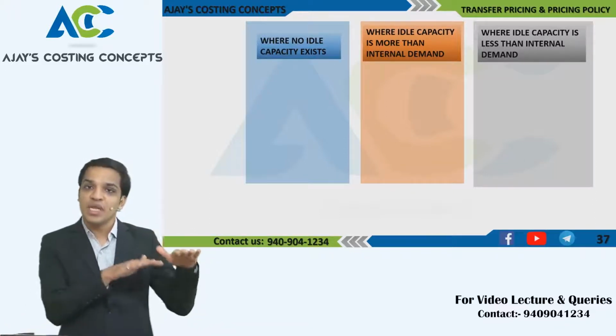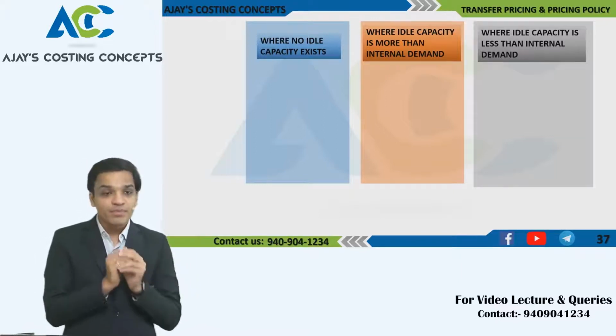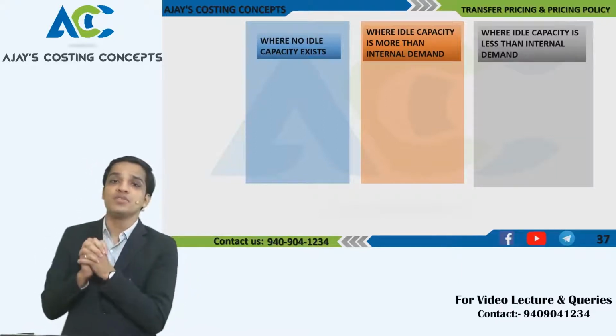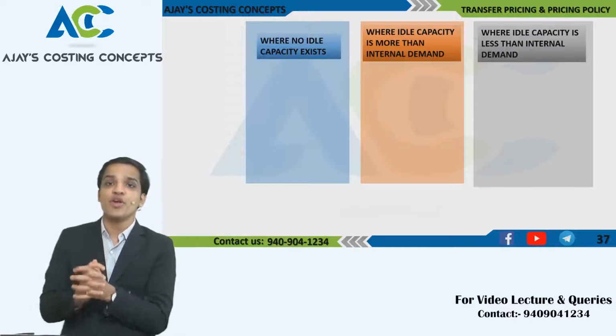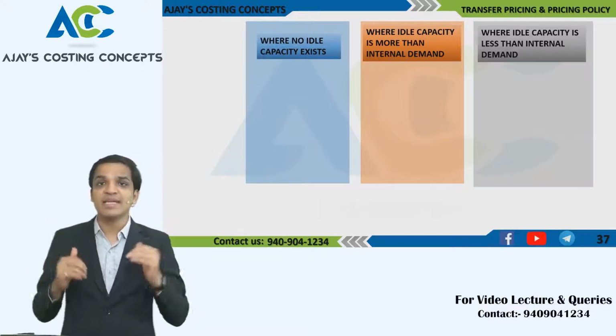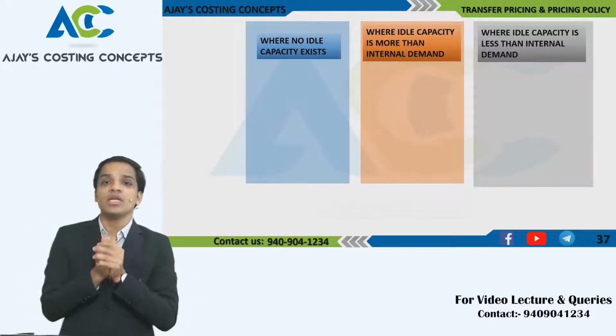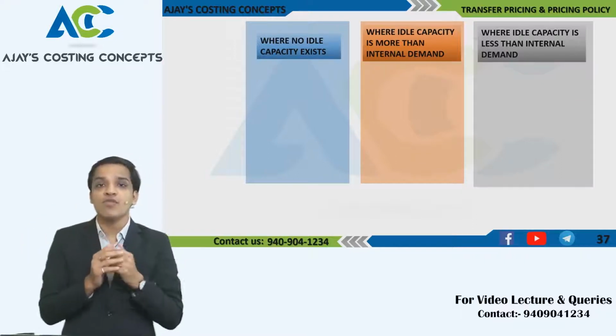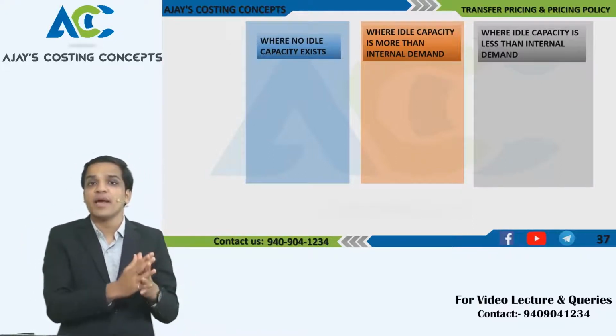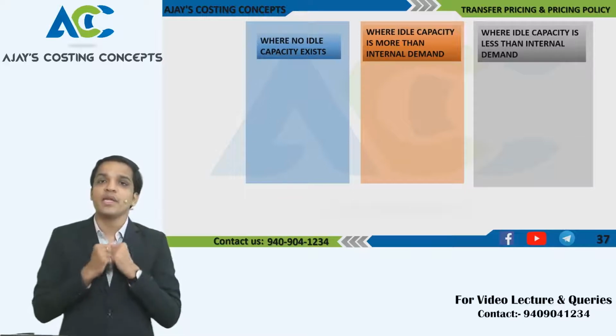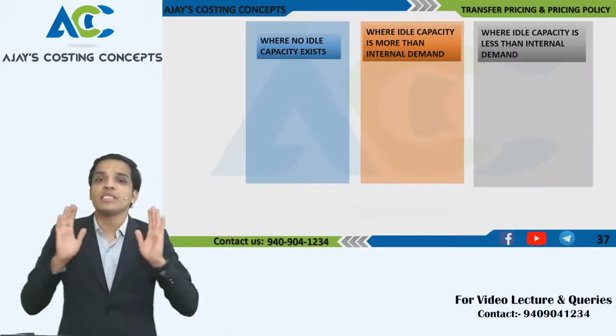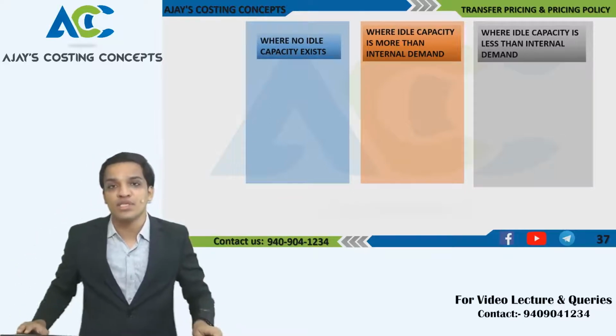That is known as the minimum selling price. And the buying division will always think about the maximum price it can pay, because this product is available in the market. I have to sell my own product in the market to get the intermediate product from the other division. What is the maximum price I can pay on the basis of my budgets?